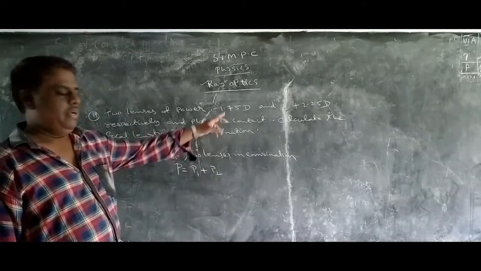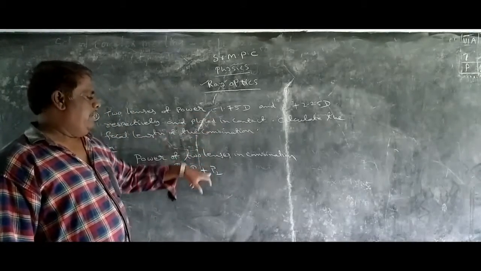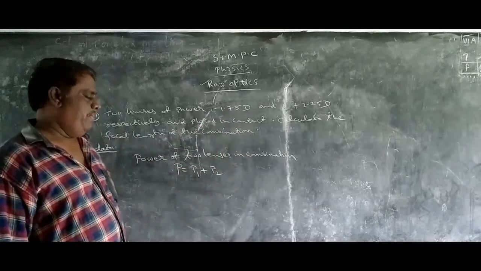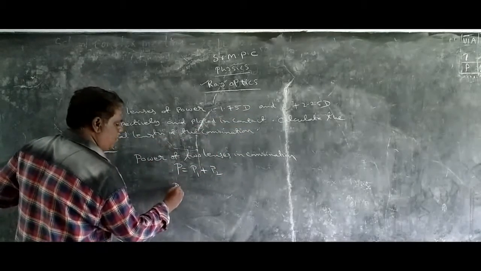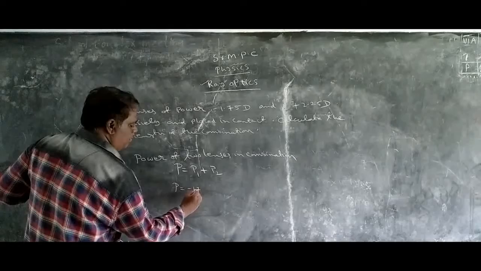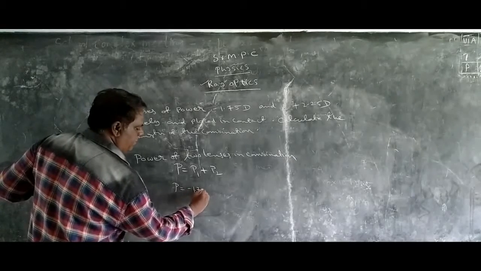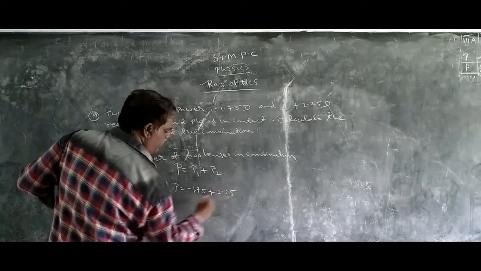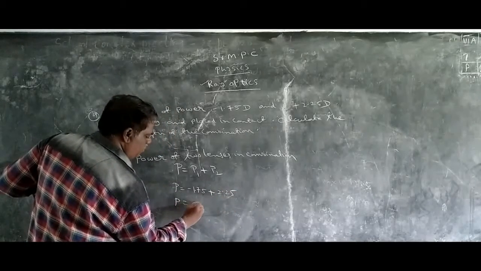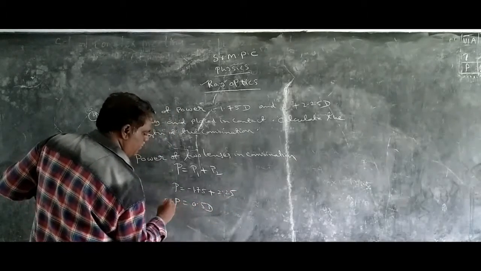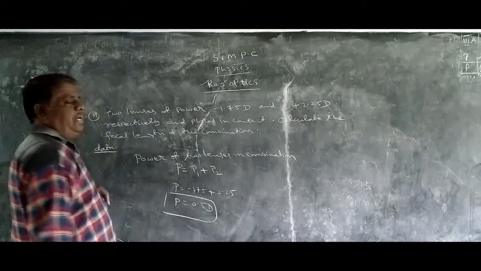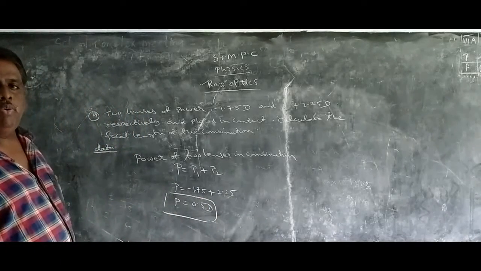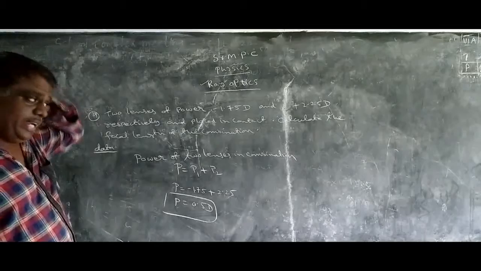Here P1 is for the concave lens, P2 for the convex lens. So P is equal to minus 1.75 D plus P2 value 2.25. Then P is equal to 0.5 diopters.